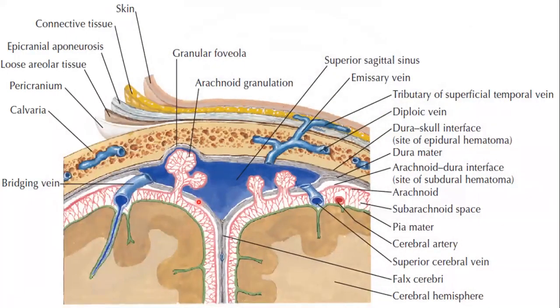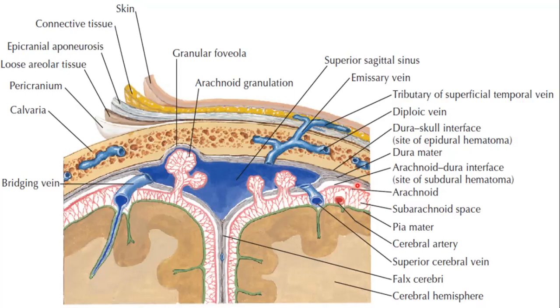So here is a diagram. You can see this is the dura mater. Then beneath it is the arachnoid matter. Then lining the surface of the brain here is the pia mater.